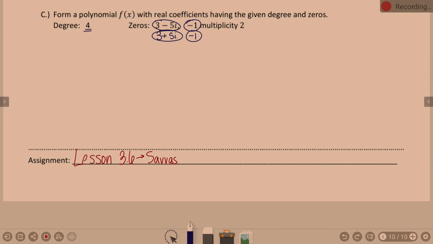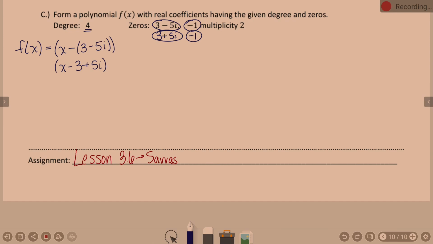Again, I'm not going to have this multiplied out for you, but I can give you the final answer. But let's set up the parentheses. I'm going to start with the 3 minus 5i, which I'm going to write as x minus the quantity 3 minus 5i. If I take off those inside parentheses, this is really x minus 3 plus 5i.